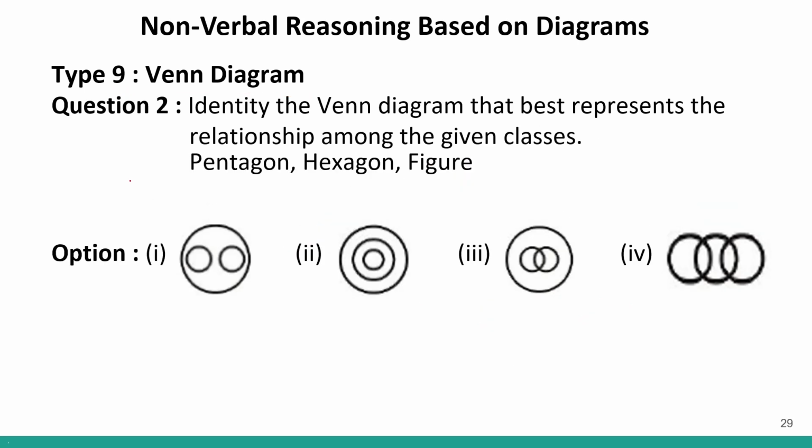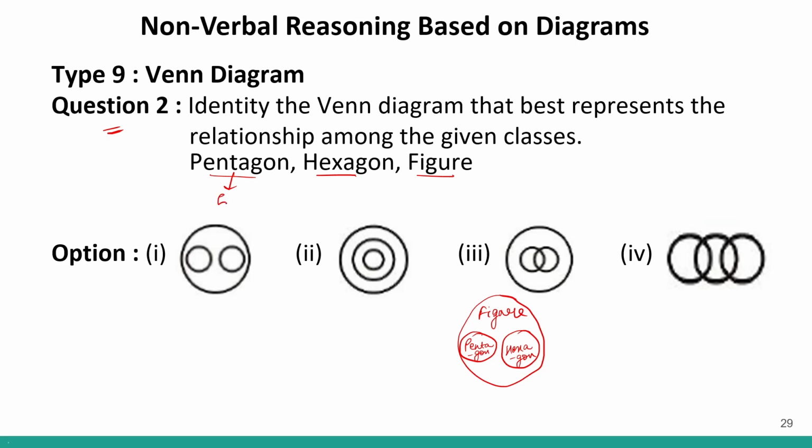Okay. Question number 2, we are given pentagon, hexagon and figure. Now I know that we have many figures. So if this is my figure, I know we have many figures. One of the figures is pentagon and one of the figures is hexagon.